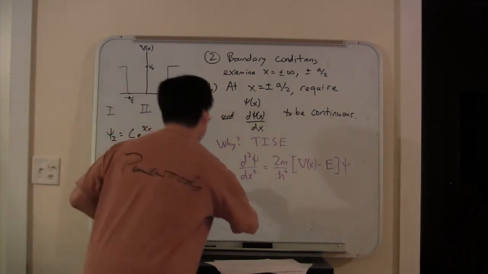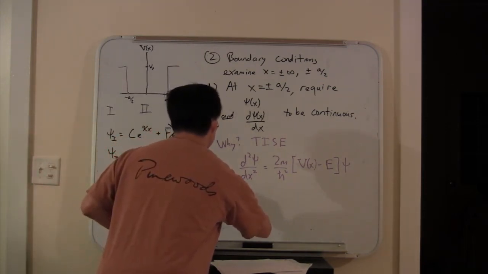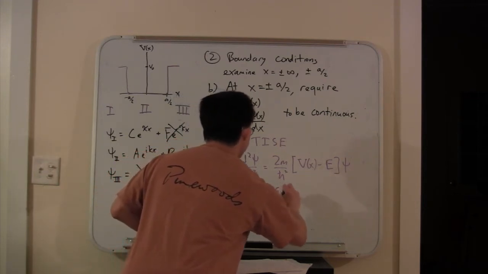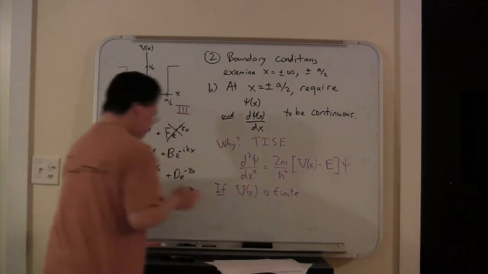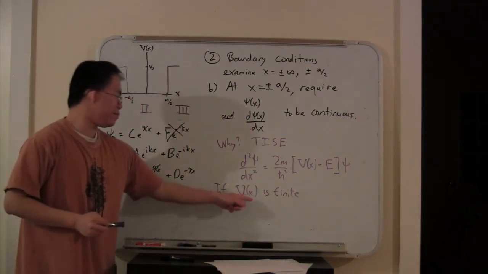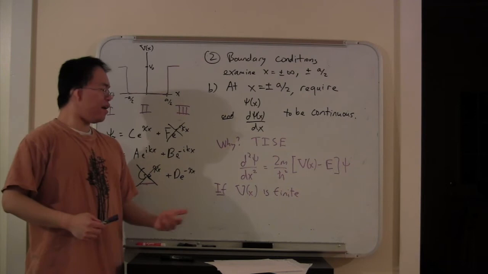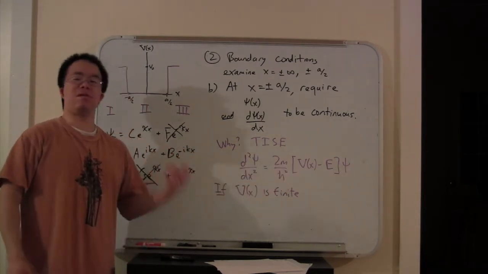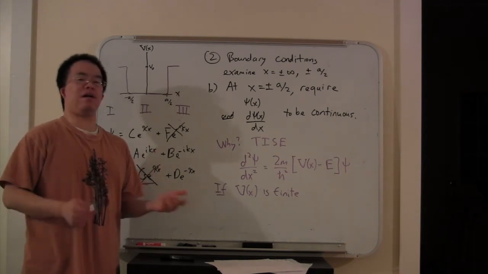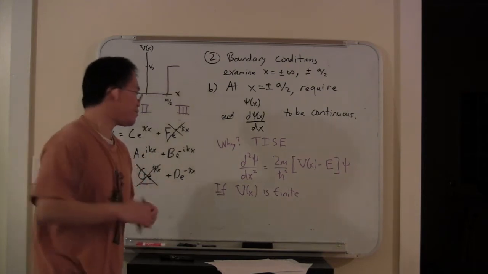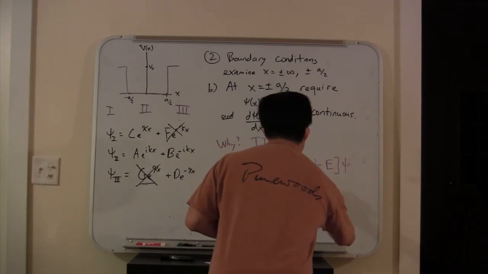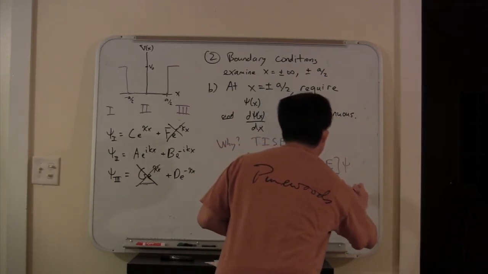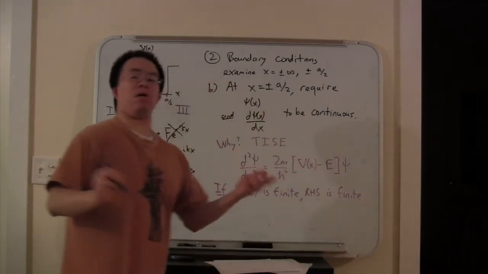So if my potential energy is finite, then this is always going to be a finite number for all x.